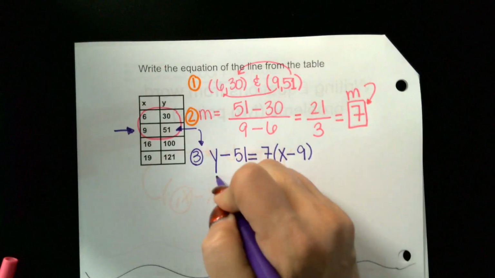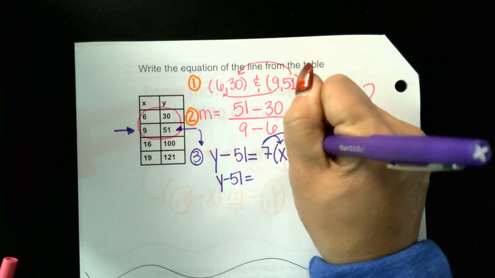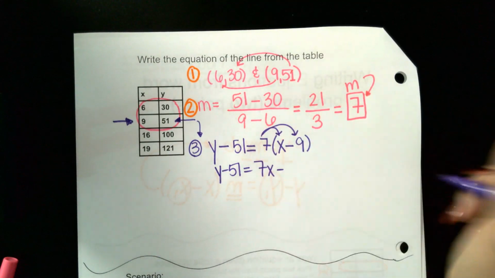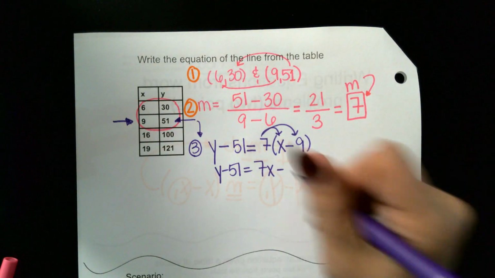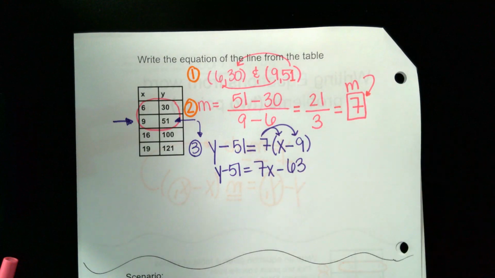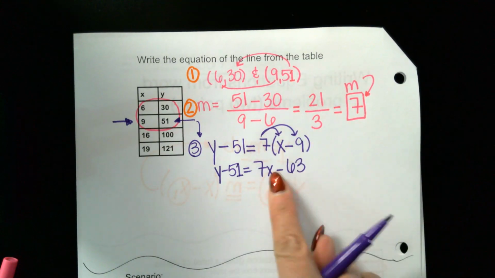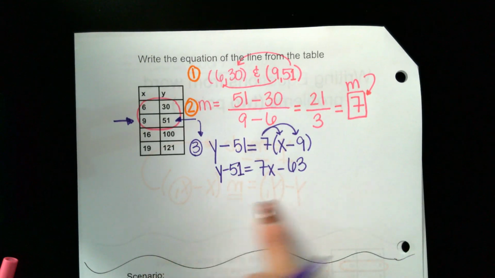Okay, distribute on the right. 7x minus 63. And then as soon as you guys distribute, the only thing left to do is to bring this number over.